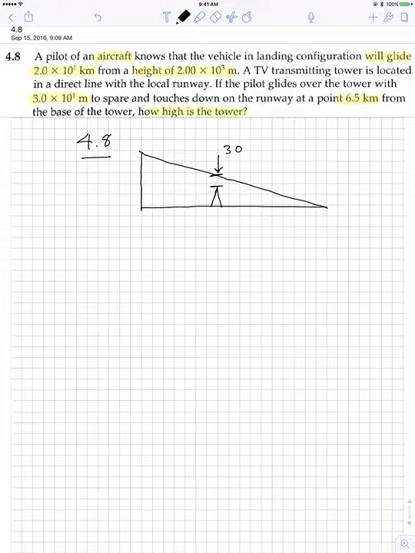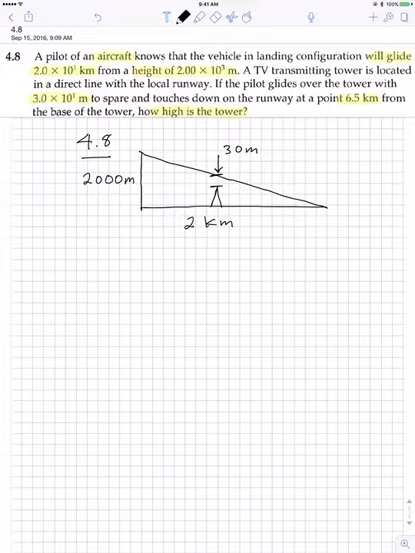Okay, so 30 meters to spare. Okay, and then we know that this will glide 2 kilometers, and we know that the original height was 2 times 10 to the third, or 2,000 meters.